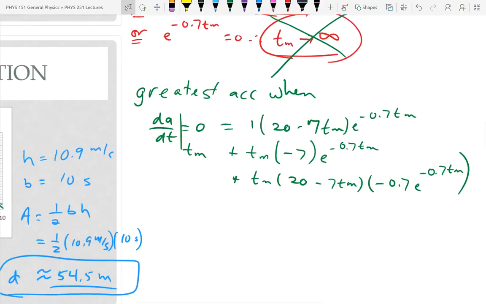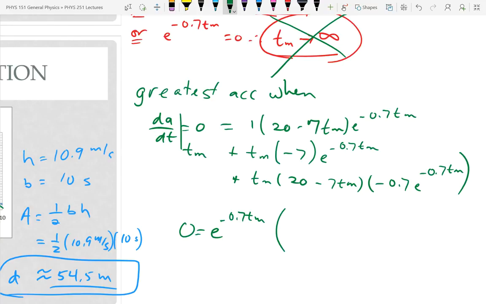When that's equal to 0, then I'm going to have a maximum or minimum for the acceleration. And so this one here, it does have e to the minus 0.7 Tm on everything, so I can factor that out. Doesn't have a Tm with everything though.